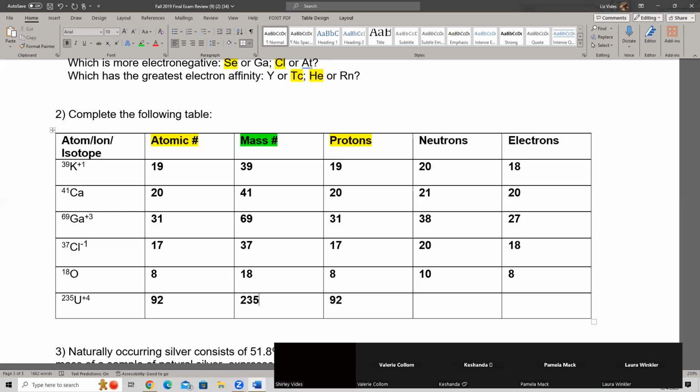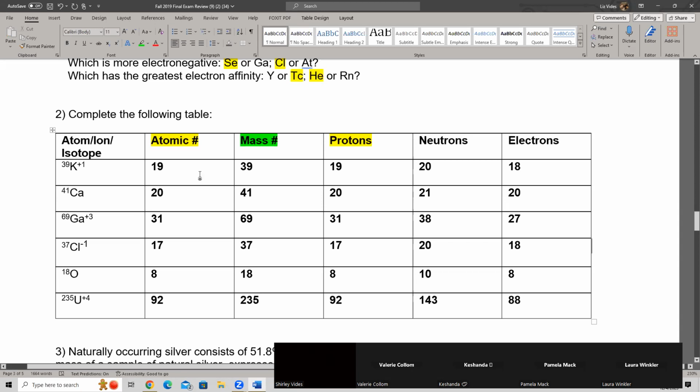What did you get? 143. Yeah, I got that too. And how many electrons? 92 minus 4. Are you adding 4? No, you're subtracting. 88. That's right. And there you go. That's how you do it.